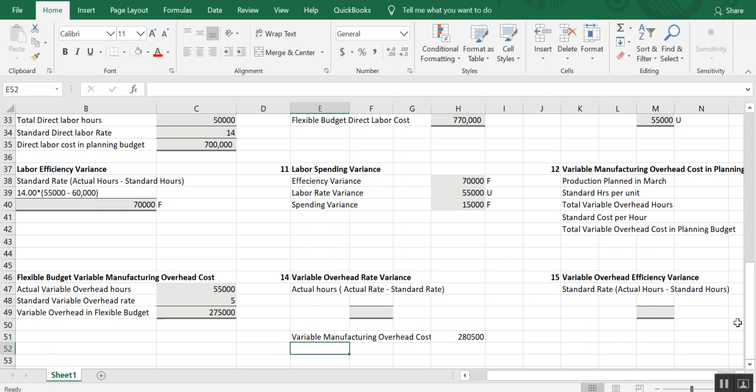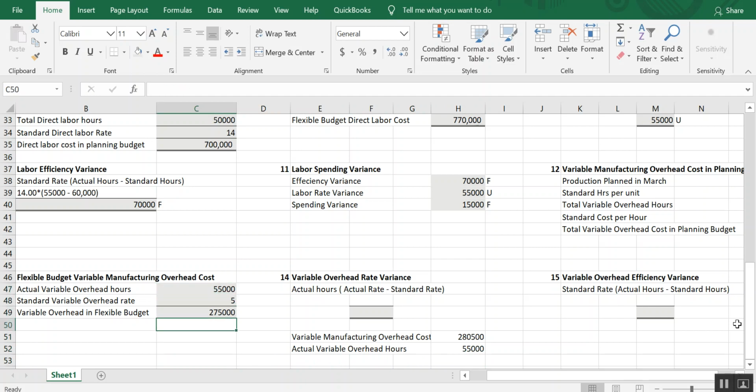That is the actual variable manufacturing overhead cost, and we're going to divide that by the actual variable overhead hours, and that's the 55,000 we had here.